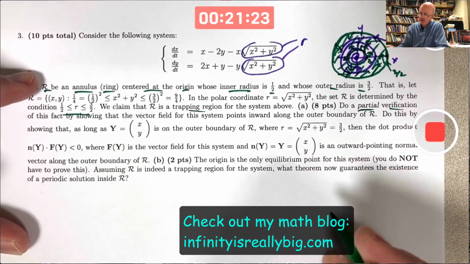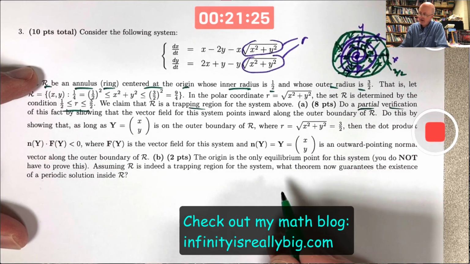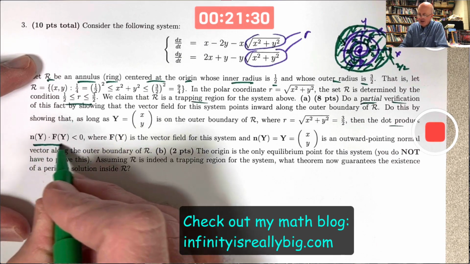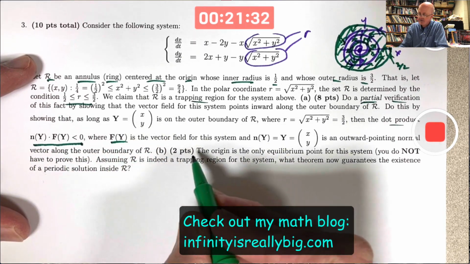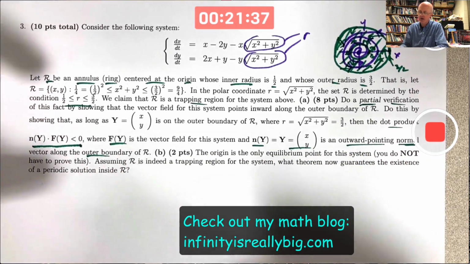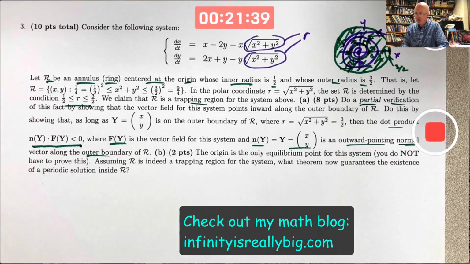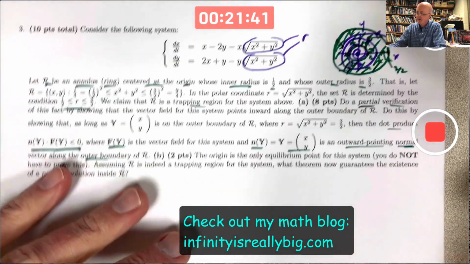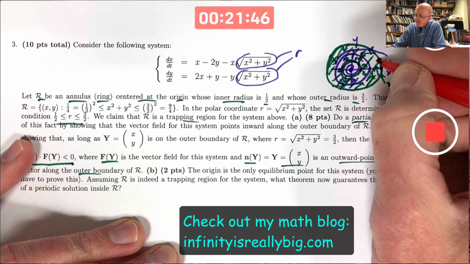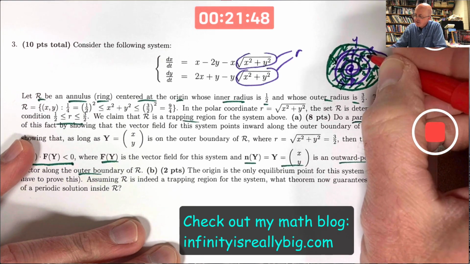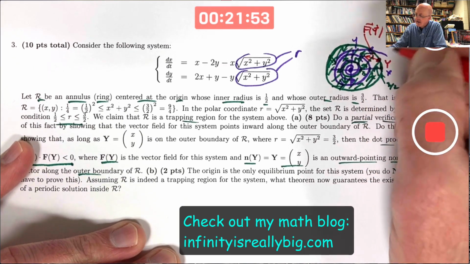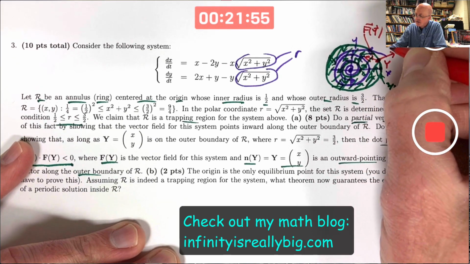We're going to partially verify that by following these directions, showing that the dot product n of y dot f of y is always negative, where f of y is the vector field and n of y is an outward pointing normal vector along the outer boundary of R. So for an arbitrary point along the outer boundary, say right there, the vector field is going to be f of y, and n of y is going to turn out to look like this.